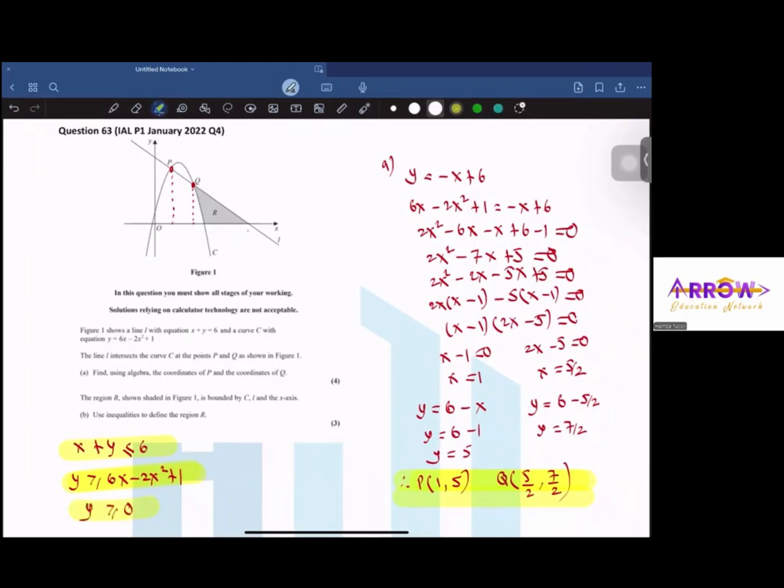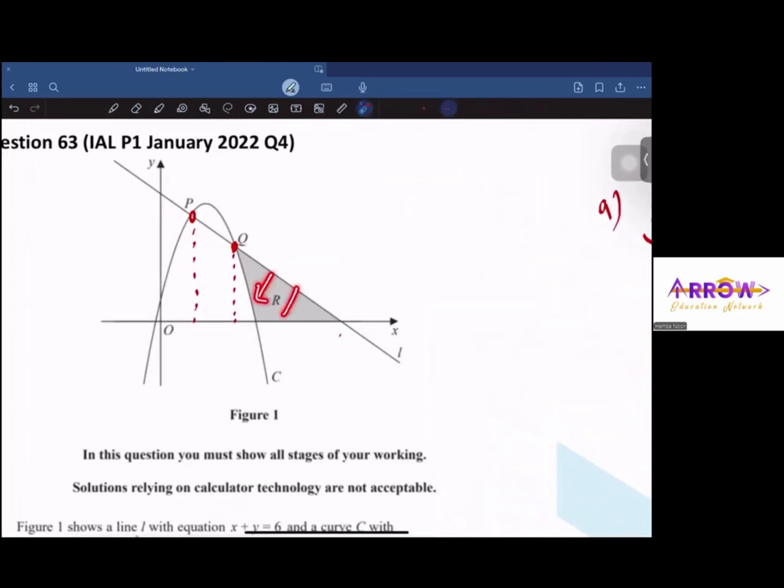However, if you are saying that the region R is below the line, above the curve, and above the x-axis, this region which I am shading myself over here is also above the curve, below the line L, and above the x-axis, isn't it? But this region is not included in the required region in the question.